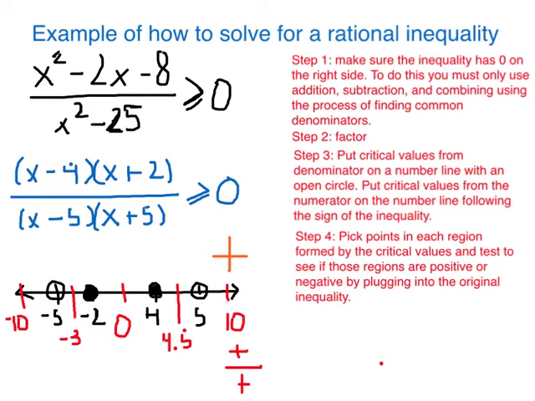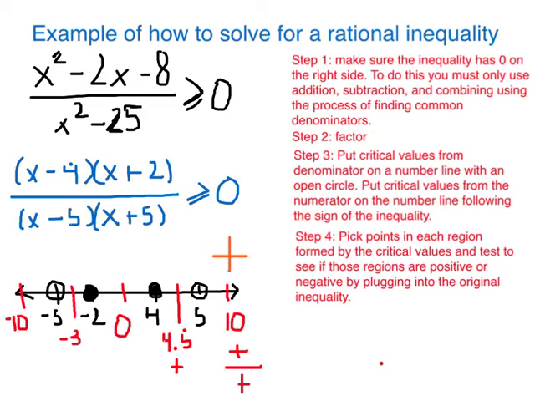Okay. Then if I do 4.5, this one's going to be kind of hard. You might want to grab a calculator. 4.5 squared minus 2 times 4.5 minus 8 is a positive 3.25. And then 4.5 squared is in between 16 and 25, so it would be less than 25.